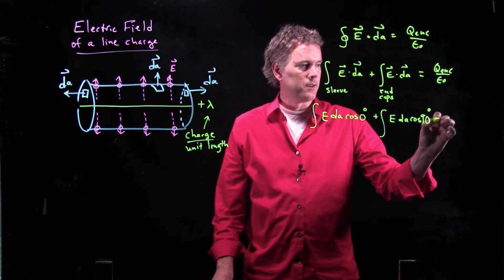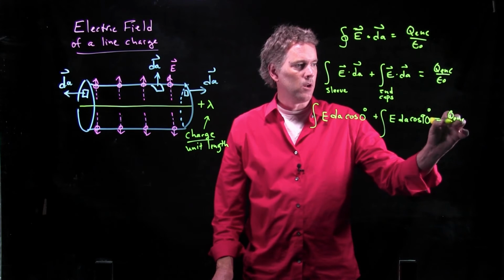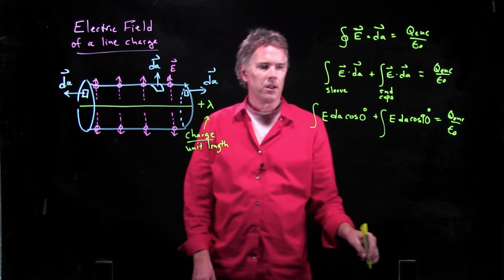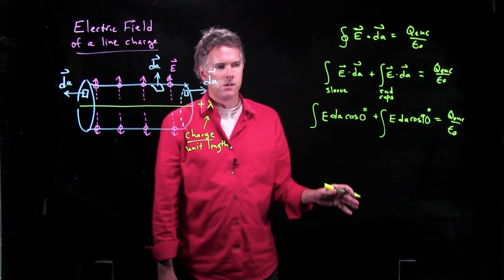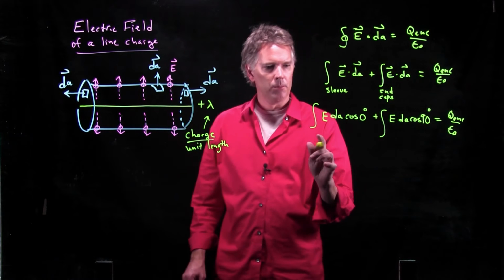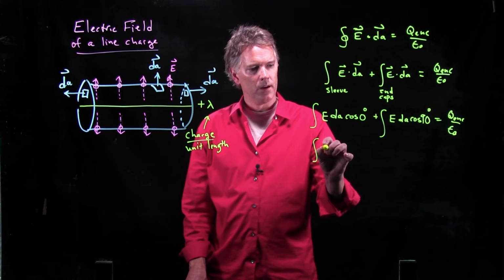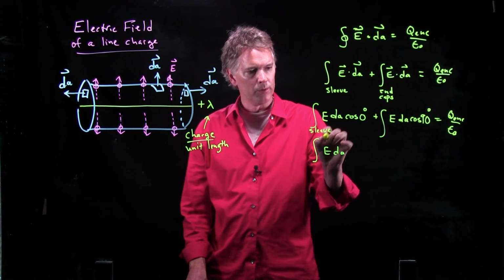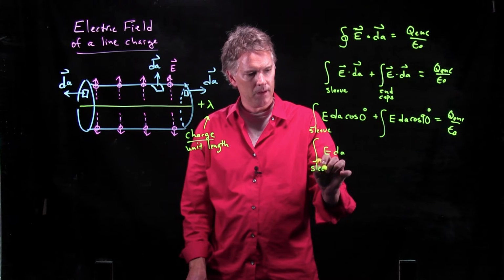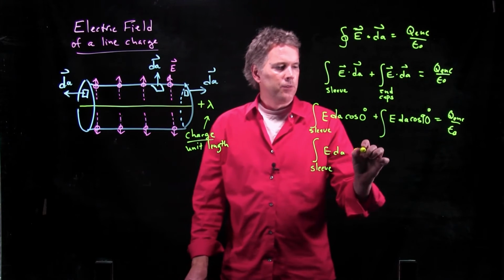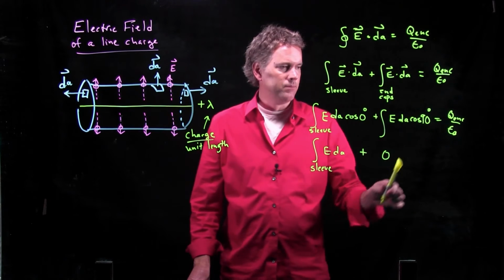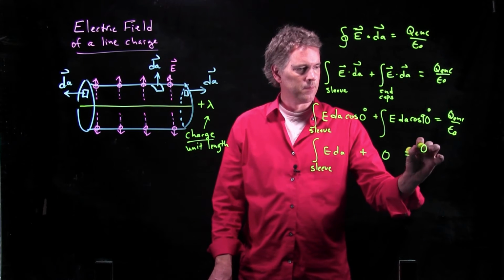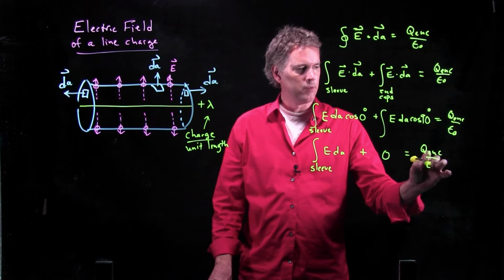That one's going to go away entirely. This one becomes integral of E dA over the sleeve. This one becomes 0 because cosine of 90 degrees is 0. It's all equal to Q enclosed over epsilon naught.